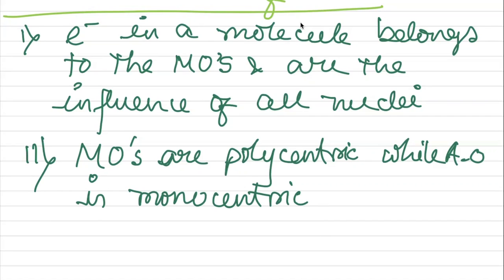In MOs, all the electrons are considered as in a single molecular orbital. But in the case of atomic orbitals, each and every electron is in a specific atomic orbital. That's why they are monocentric.